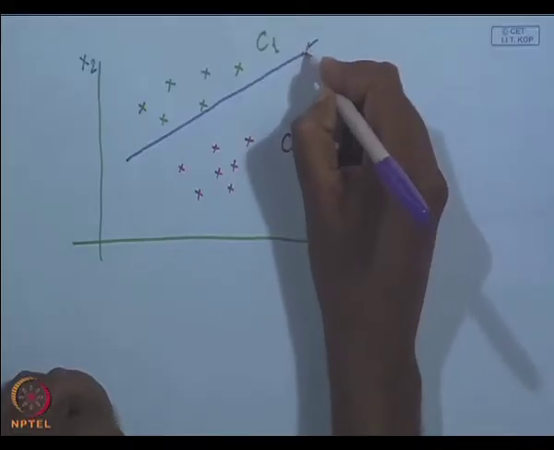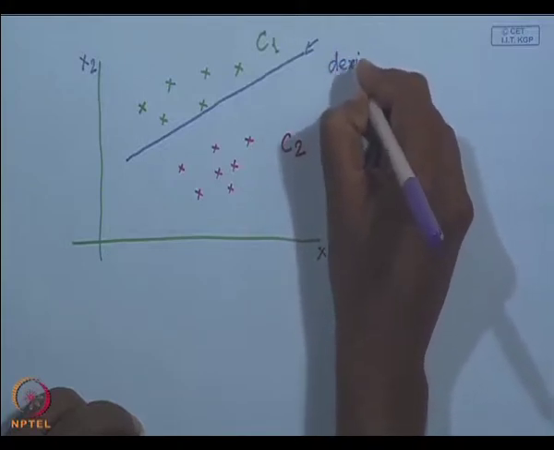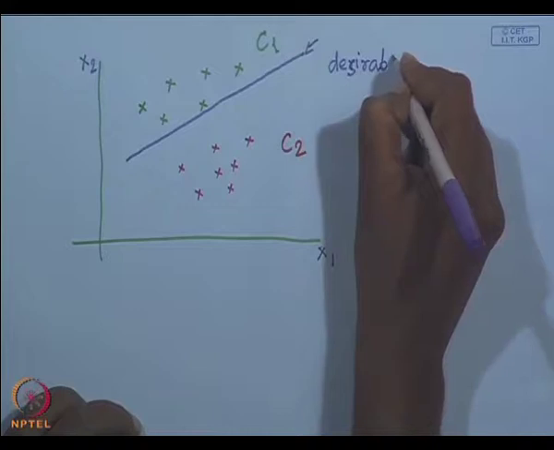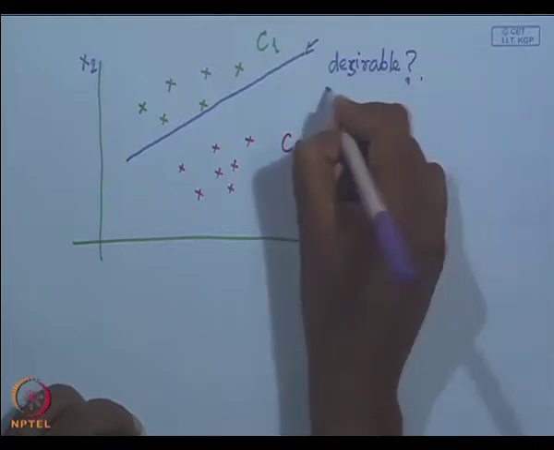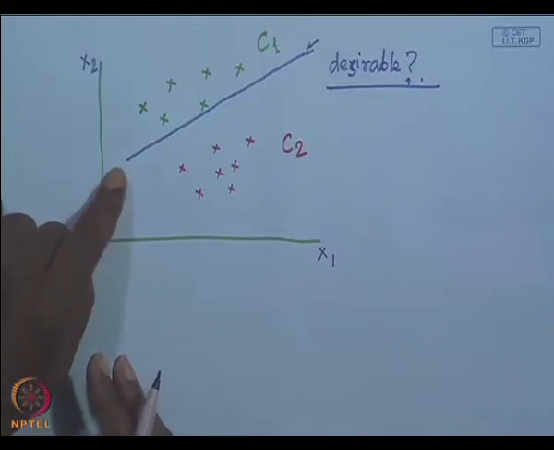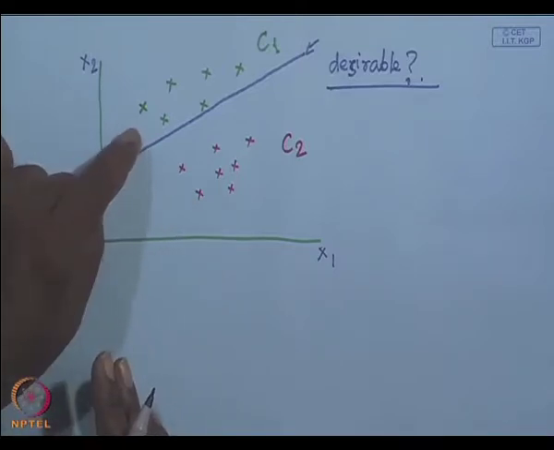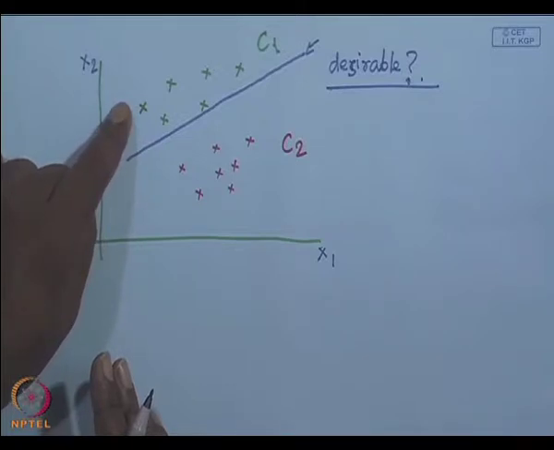But is this type of classifier desirable? Obviously, a classifier of this nature is not desirable, because this classifier gives a large bias in favor of class C2, whereas it puts a penalty against class C1.